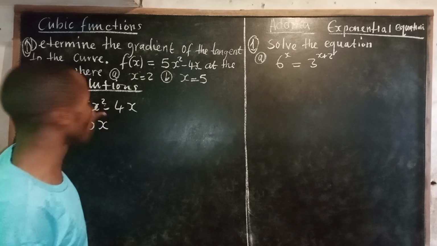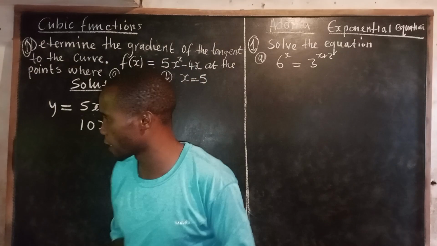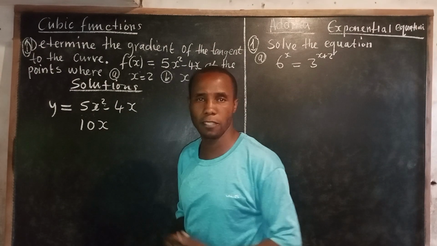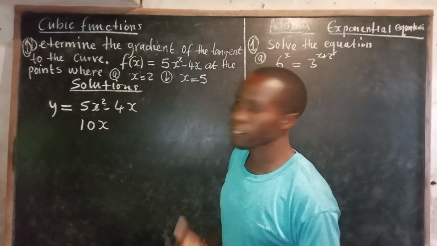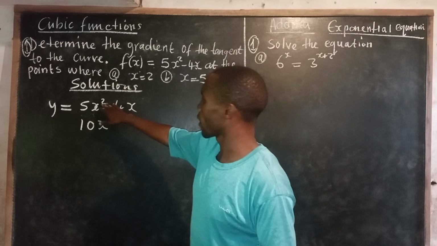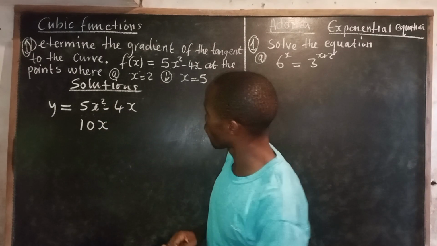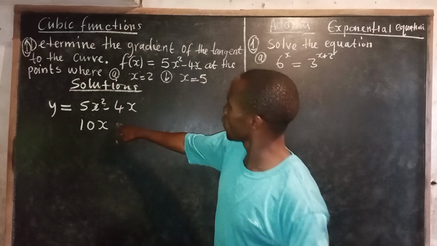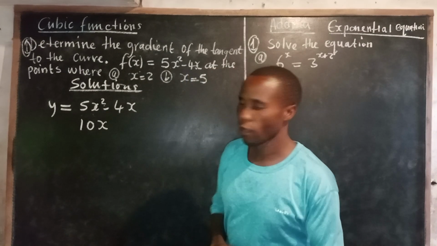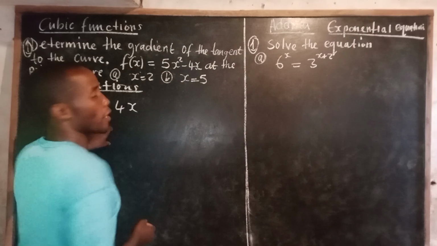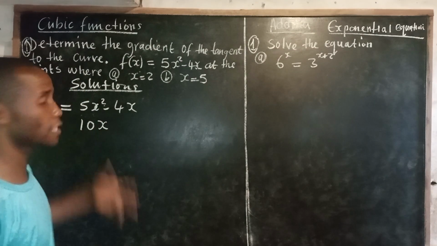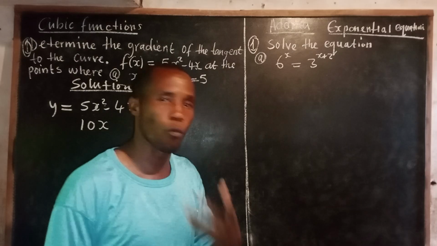The power is decreased by 1, so you subtract 1 from 2 and get 1. Do we need to indicate the power 1 there? No, because it is invisible: 10x itself is raised to power 1.